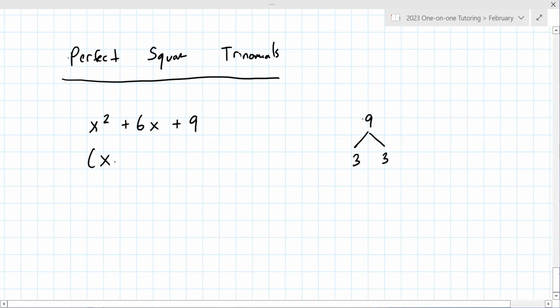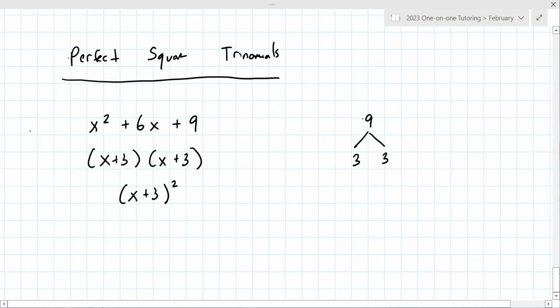This becomes x plus 3, x plus 3. Notice that the two numbers are the same this time. So another way that this could be written is x plus 3 squared, because both of these are the same.